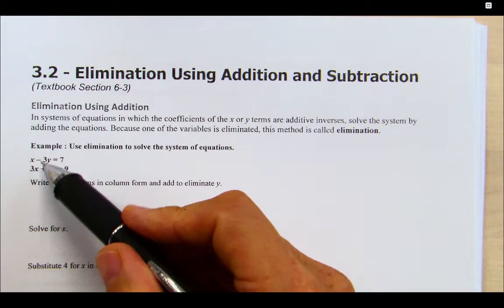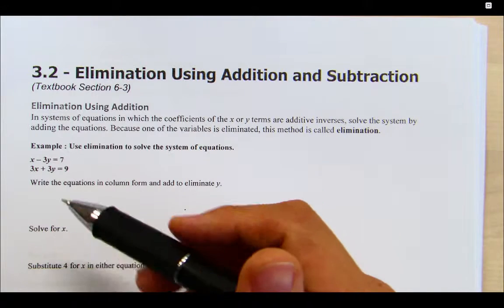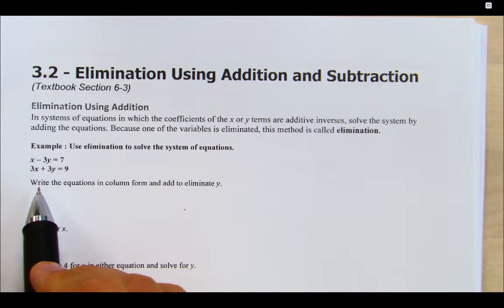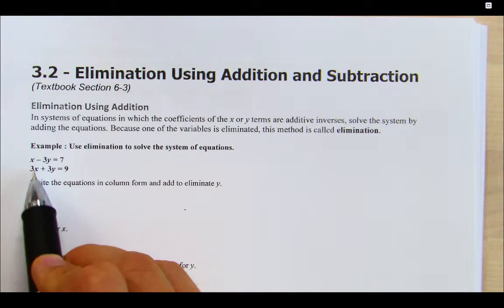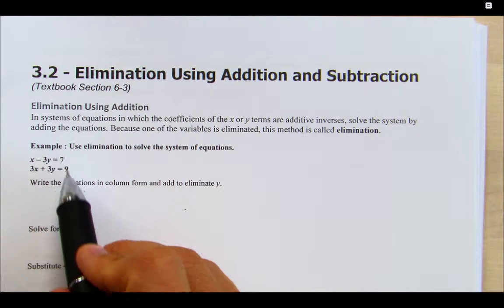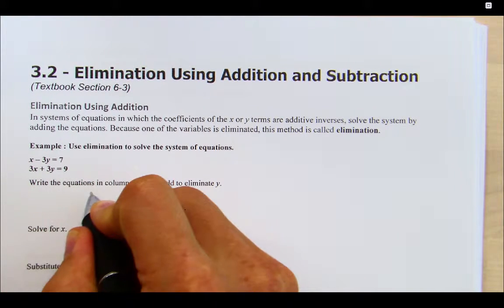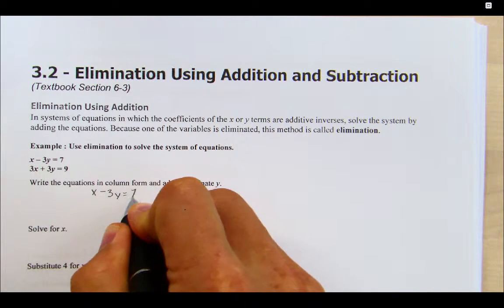And we're going to eliminate one of the variables by either using addition or subtraction. These two are already set up for us, but the first little step is, if these aren't lined up, x's and x's and y's and constants, to put them into that form. So I'm just going to rewrite it out again here the way it was because I already have it that way.